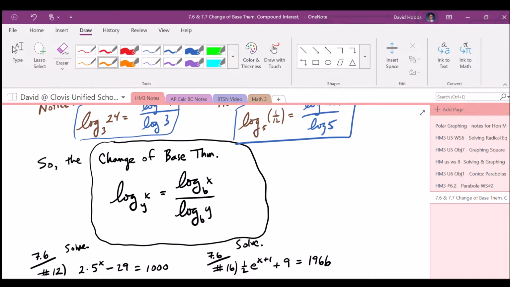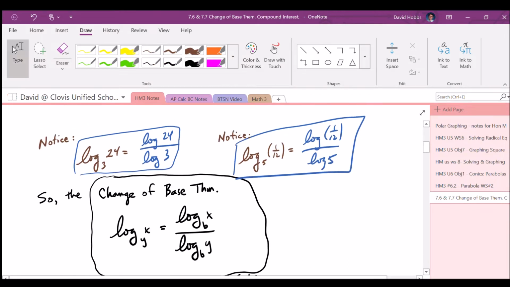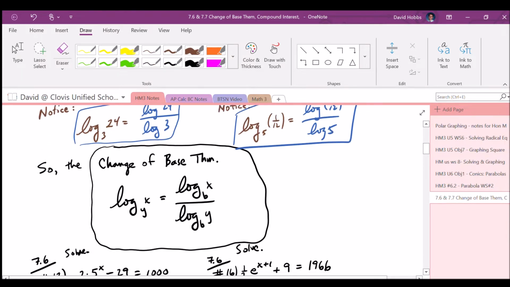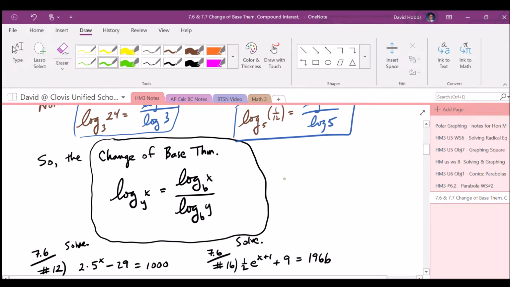Now just for fun, log 24 base 3, let's enter that as natural log of 24 over natural log of 3. If you plug that into your scientific calculator, I wonder if that is any different from what we got before.